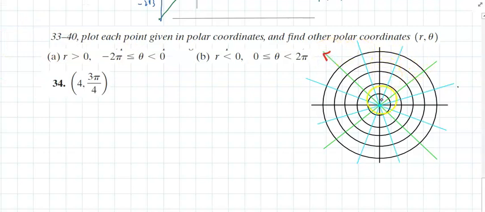This is 3 pi over 4. I'm pointing in that direction since r is positive. 1, 2, 3. I'm right here. That's number 34. Now, I want to approach this same point.